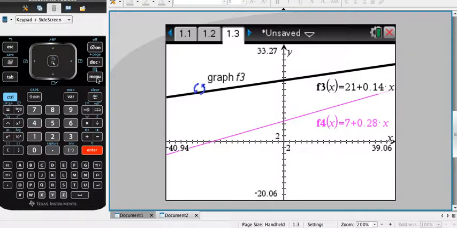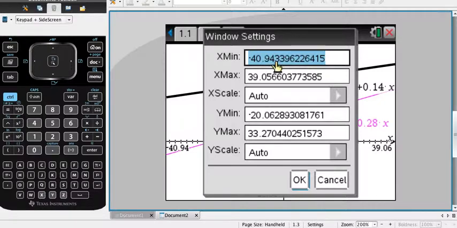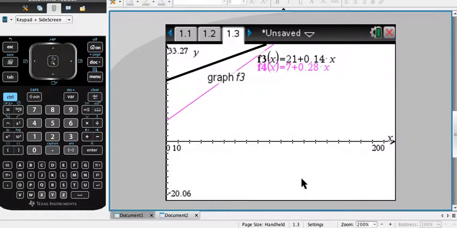So I want to make sure I can see more of this window. I'm going to change the window settings. So if I go window settings here, and remember I want the n values between 0 and 200. So that's what I'm going to change this to. Between 0 and 200. Press OK. Again, I still don't have enough of it, so I need to change the window again. At the moment, the maximum Y value is 33.27.